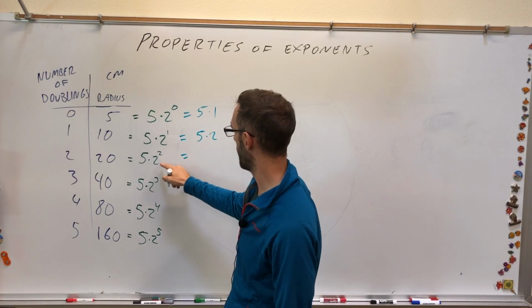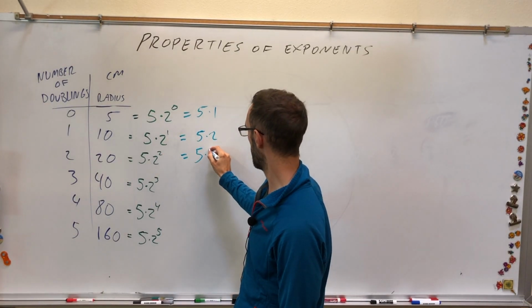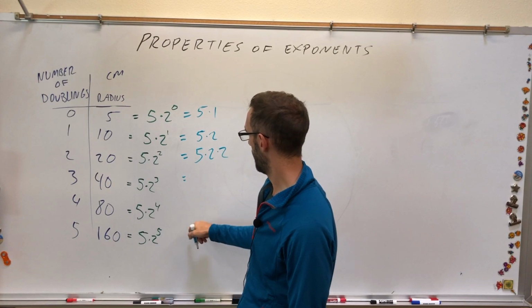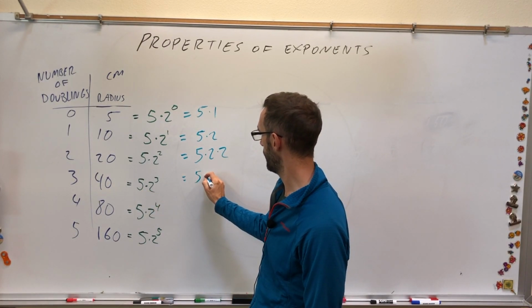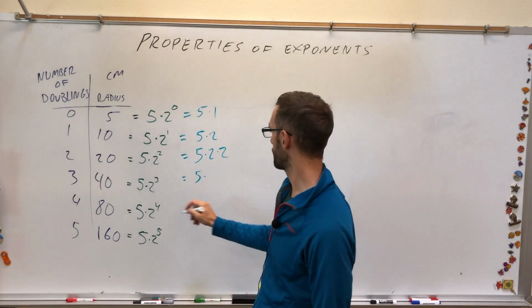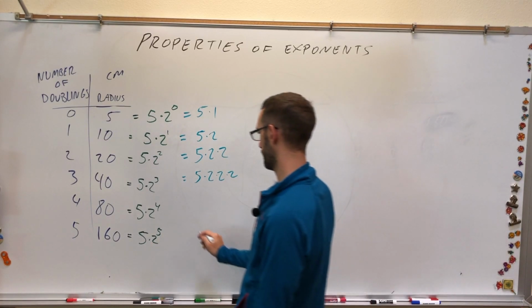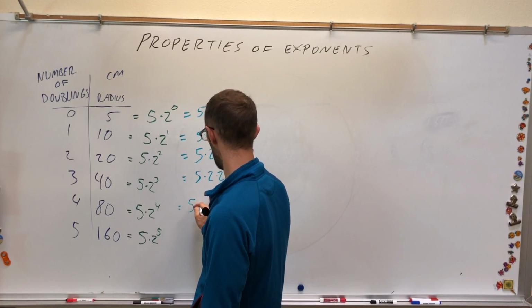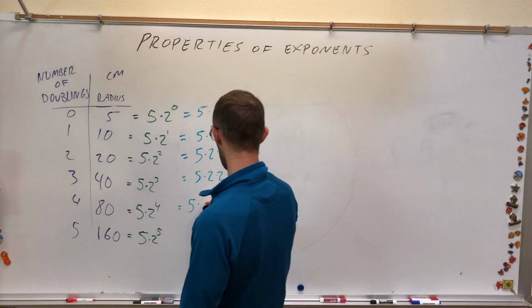And then here we'd have 5 times 2 2's multiplied together. And then here, 5 times 3 2's multiplied together. And then 5 times 4 2's multiplied together.